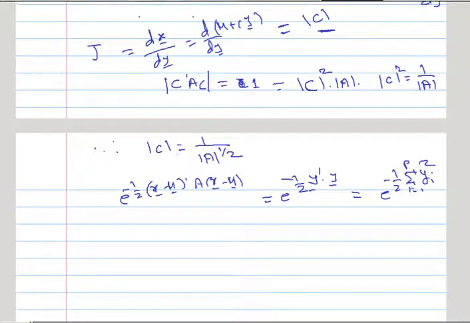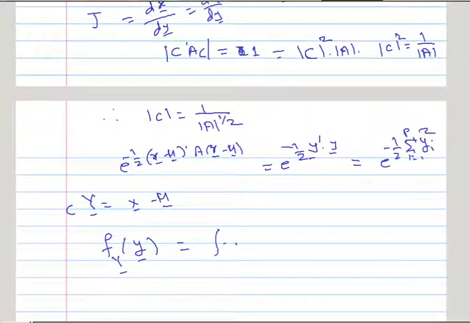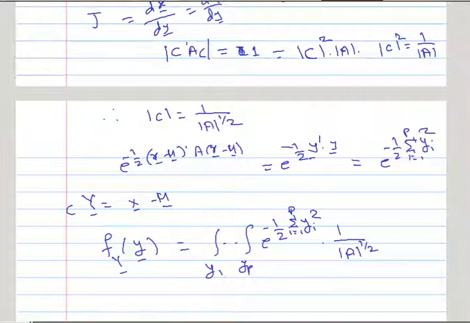And therefore now the density of y bar, where y bar is defined in this way, is a new system. So f of y bar will be e raised to -1/2 times y prime y, which means summation yi squared, i from 1 to p, and the penalty, that is the Jacobian of transformation, the determinant of C, 1 upon the determinant of A raised to 1/2.